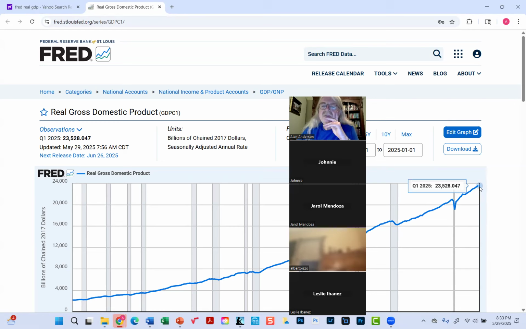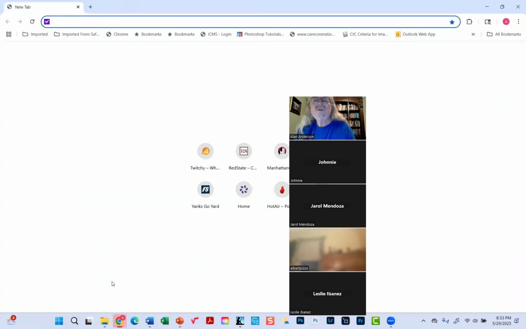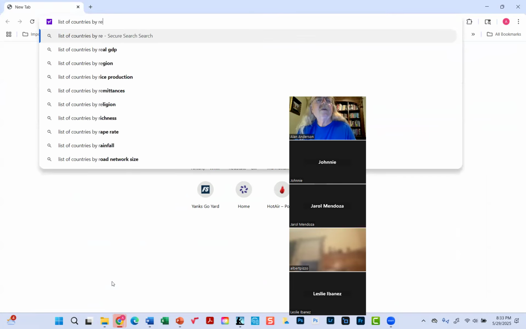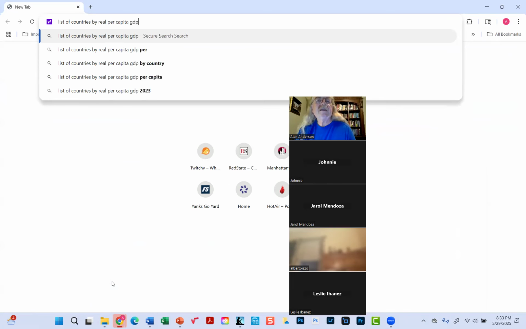Now, often what economists do is they'll take that number and divide it by the size of the country's population and turn it into what's called real per capita GDP, which a lot of economists feel is the best way to measure the standard of living in an economy. So if we were to go to the internet, we should be able to find a list of countries by real per capita GDP.